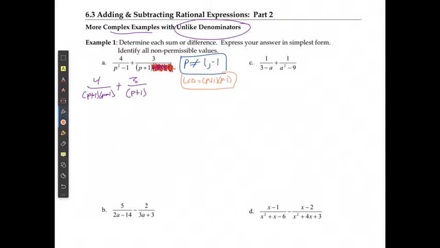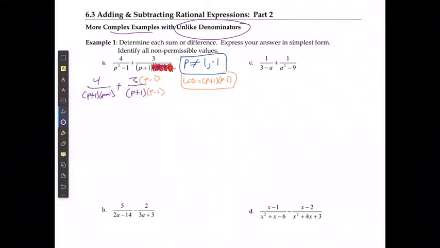Which means that the first one is already over the lowest common denominator. The second one I need to multiply by p minus 1 on the top and the bottom in order to make them match.